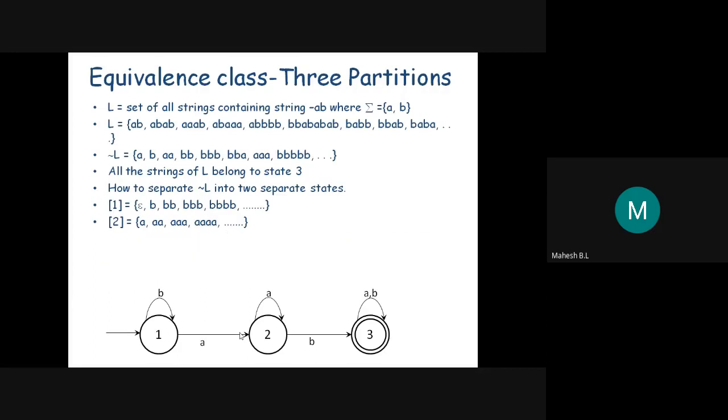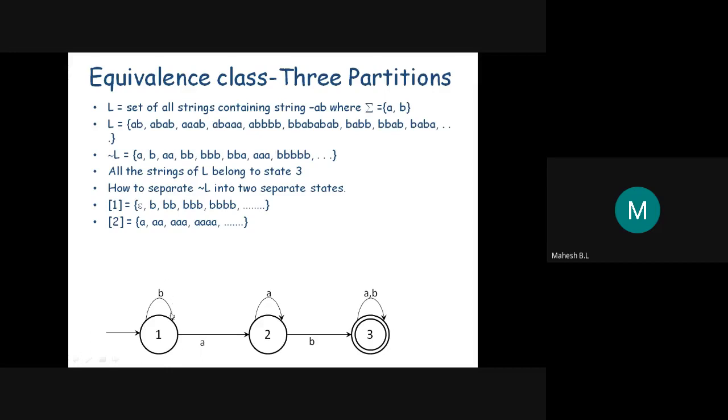Okay, so as you can see from here, in state 1, you are rejecting either epsilon or strings which are composed only of B's. In state 2, you are rejecting all those strings which end with an A. So you can have B's at the beginning, which is not shown here in the equivalence class.